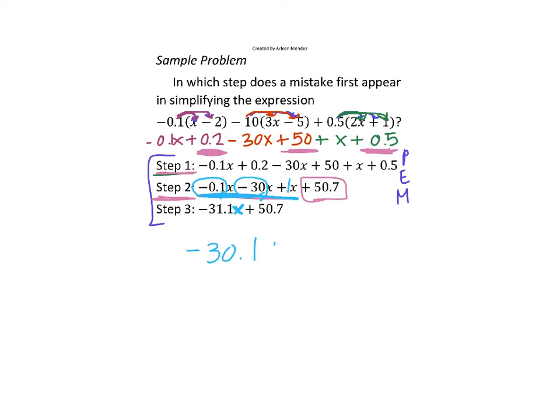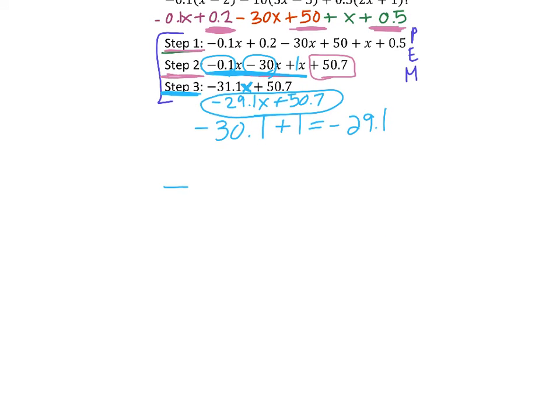Negative 30.1 plus 1, so now it's going in the positive direction. That's negative 29.1. And they happened to add incorrectly. They should have gotten negative 29.1x plus 50.7. That is what the answer should have been. So this is the step in which an error occurred. The error occurred in step 3.